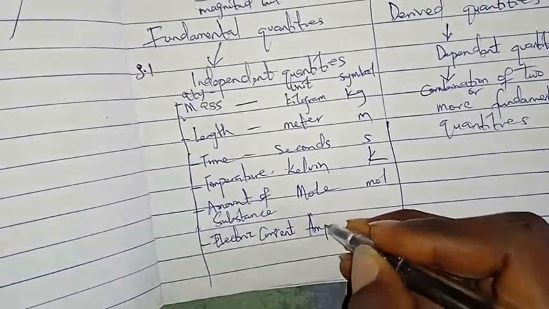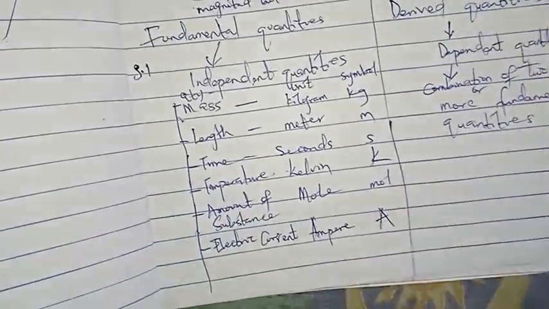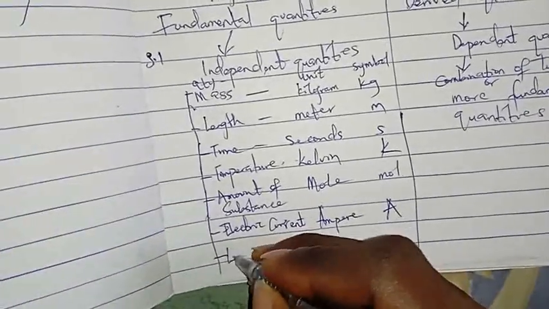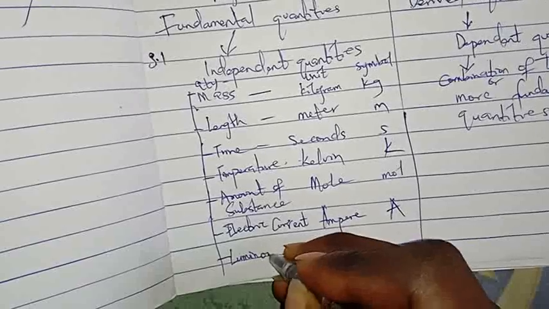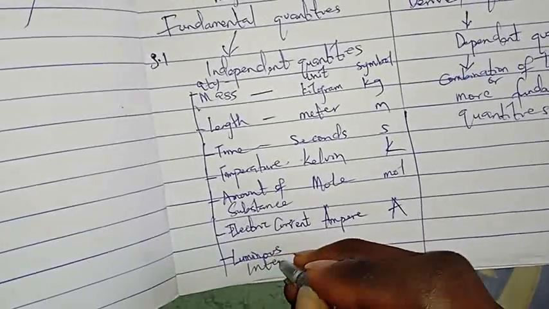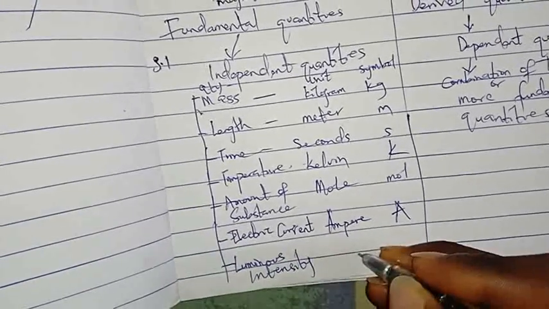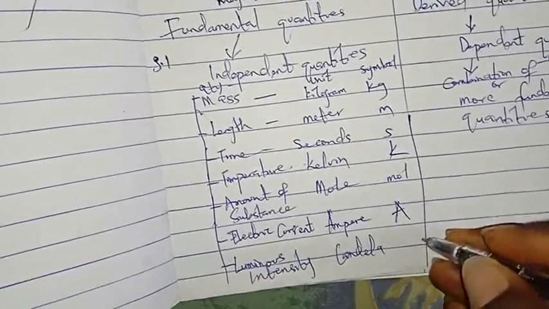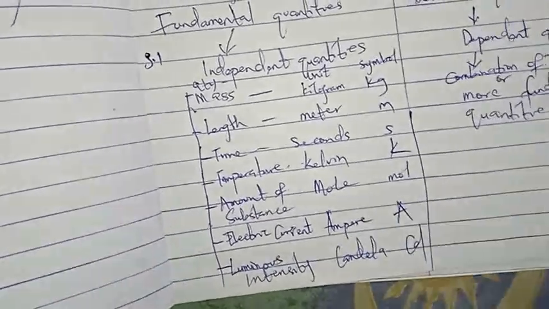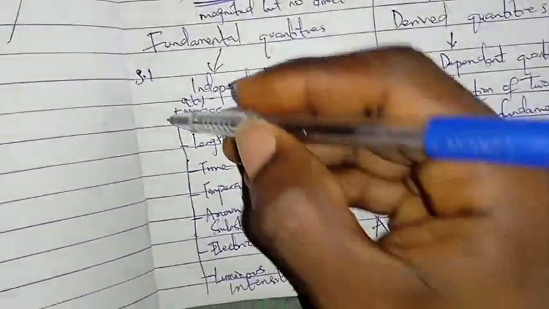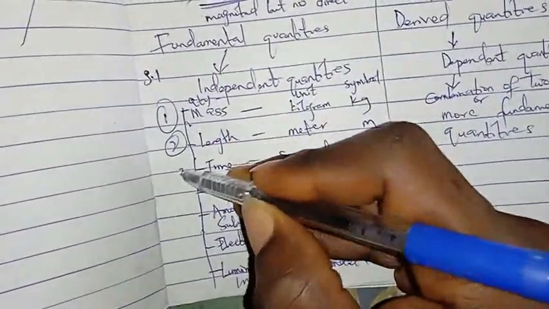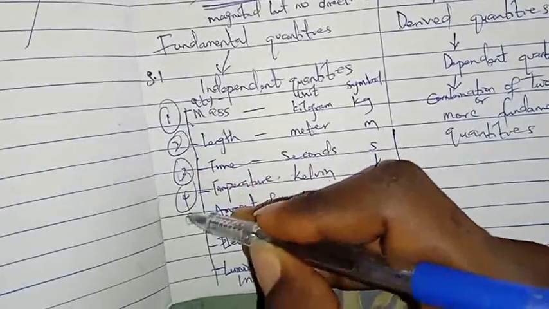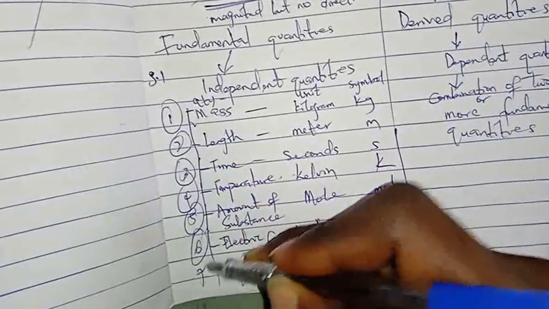The unit is ampere. The symbol is A. We have what we call luminous intensity. The unit is candela. The symbol is cd. So name it. This is 1, 2, 3, 4, 5, 6, 7.